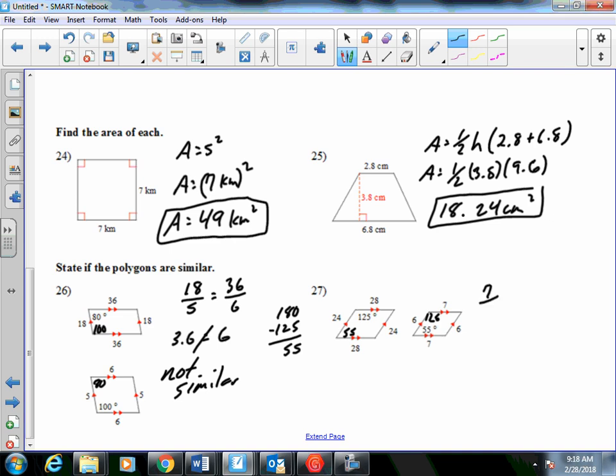You got 7 over 28, which would need to be equal to 6/24. And 7 and 28 both divide by 7, which would give us 1/4. 6 and 24 both divide by 6, which would give us 1/4. So since those two are the same, sides are proportional, the angles are the same, so those would be similar polygons.